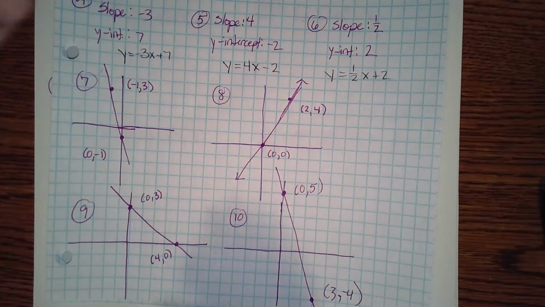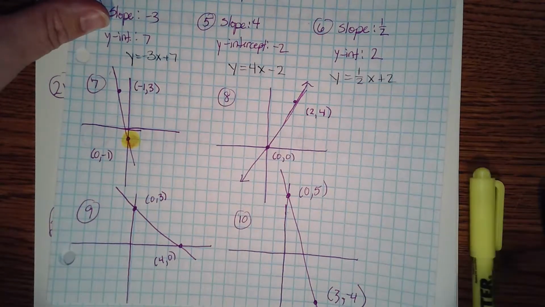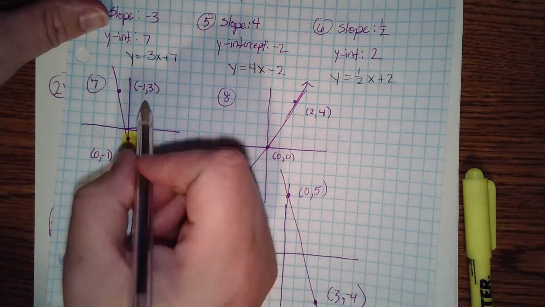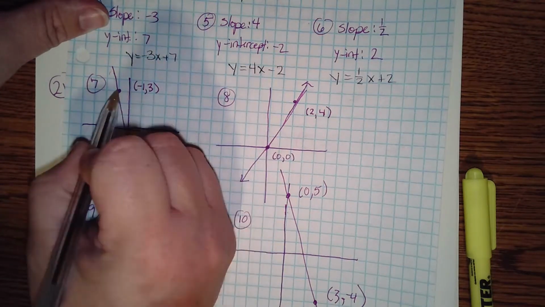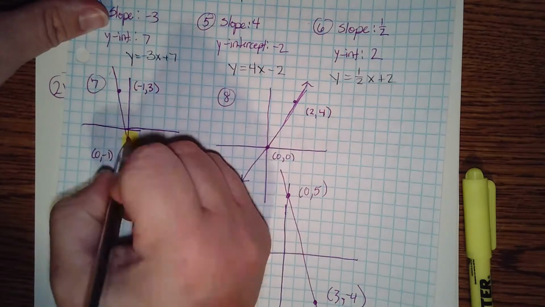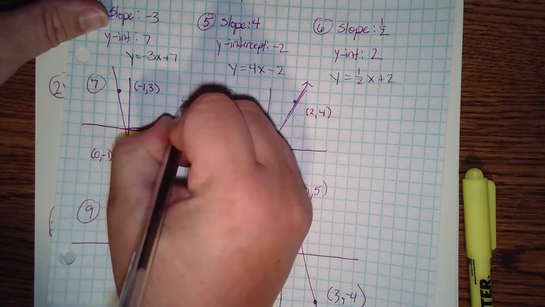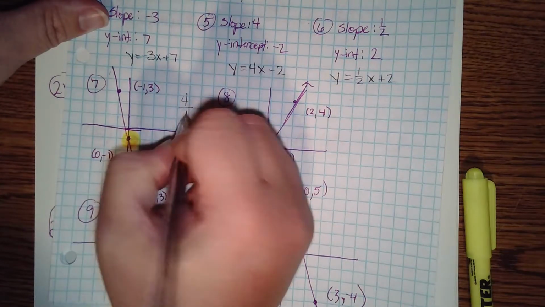So for the first one, right here is my y-intercept at (0, -1). We know that our slope we can determine by counting from one ordered pair to the next. So if I start here and go up, it's 1, 2, 3, 4. So 4 over 1. So my slope is 4 over 1.